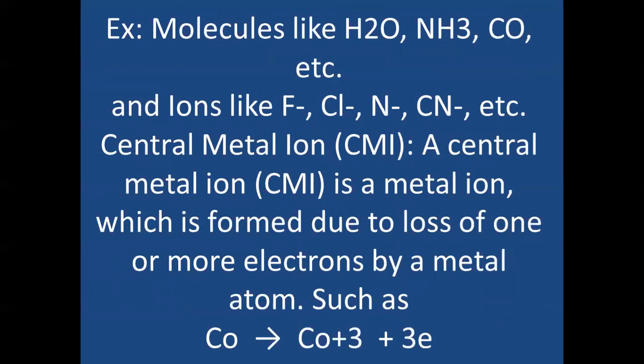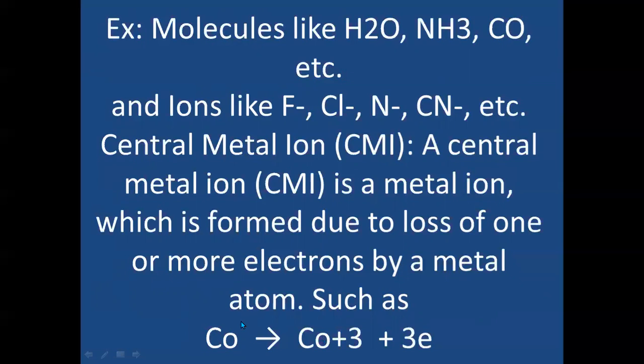Now then, what is CMI? That is central metal ion. So a central metal ion is nothing but an ion formed from a d block element or a transition metal. For example, again let us take cobalt. Cobalt can lose 3 electrons. How many electrons does it have?